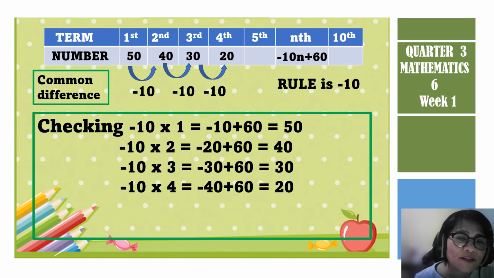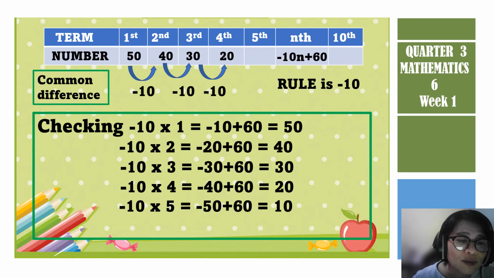Next, we have the fourth term. Negative 10 times 4 is negative 40. Negative 40 plus 60, unlike sign na naman, magsusubtract na naman tayo. We have 20. So, that's why your answer is 20. Tama tayo. Ngayon, pwede na nating makuha ang tamang sagot sa fifth term. So, what we're going to do is multiply negative 10 times 5, which is equal to negative 50.